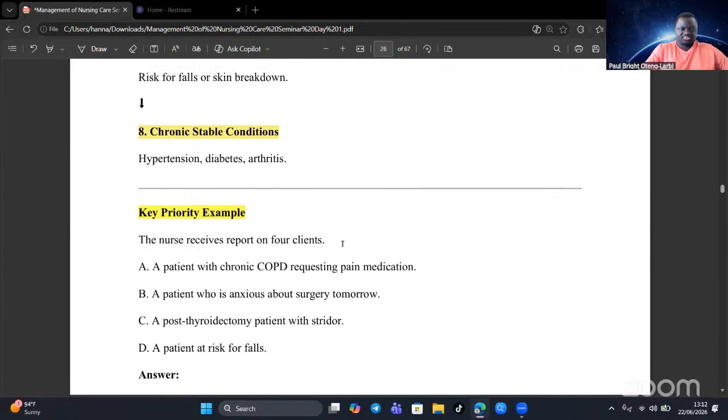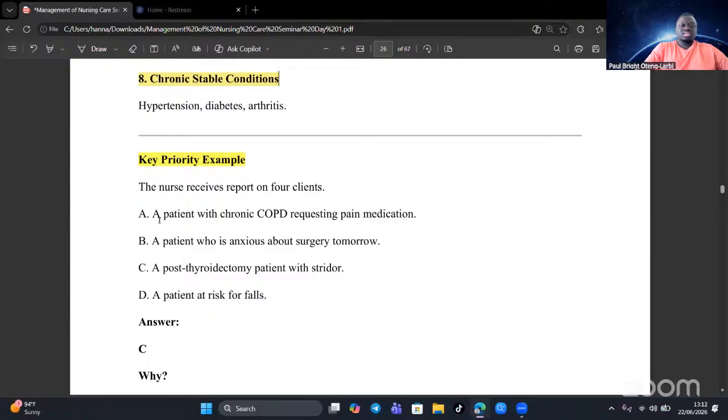Okay, yes. So the nurse received report on 4 patients. Which one should the nurse see first? A patient with chronic COPD, they have the problem. Okay, so this is an actual problem.